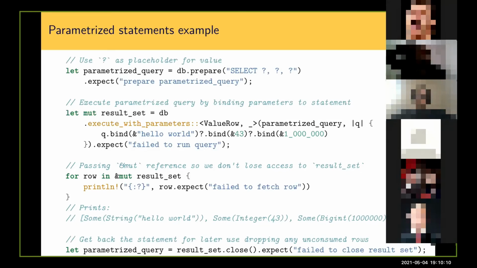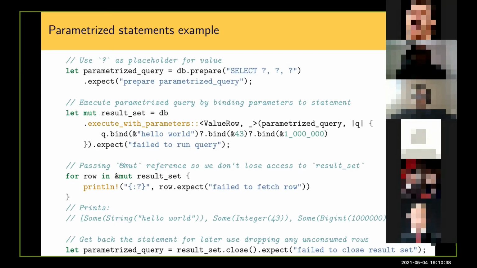There's a bigger example here using parameterized statements. With prepared statements and normal ad hoc or direct statements, you can also use parameters. The idea here is that instead of values in a query, you put a question mark, and then you can bind values to those question marks. This is done with execute with parameters here as an example.